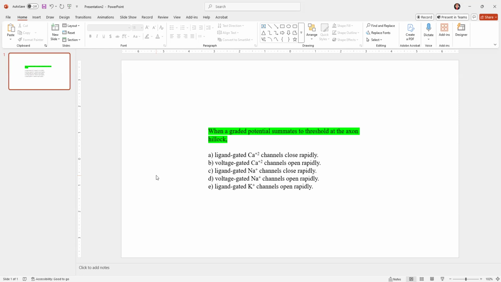Your graded potential on your dendrites and your cell body, that is ligand gated. And that could be a depolarization. And in case of neurons, it could be a hyperpolarization, right? If your GABAergic receptor binds to the channel on the dendrite, it will allow chloride to come in. It will make the resting membrane potential even more negative. It will get hyperpolarized. That is your IPSPs.